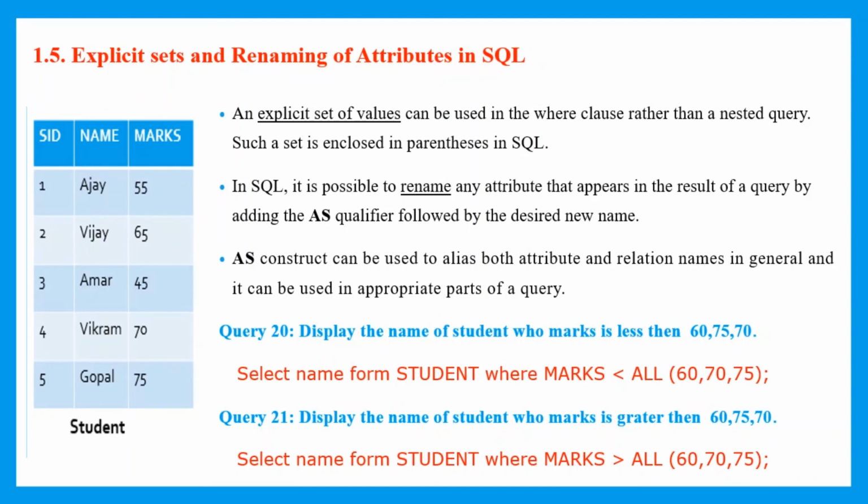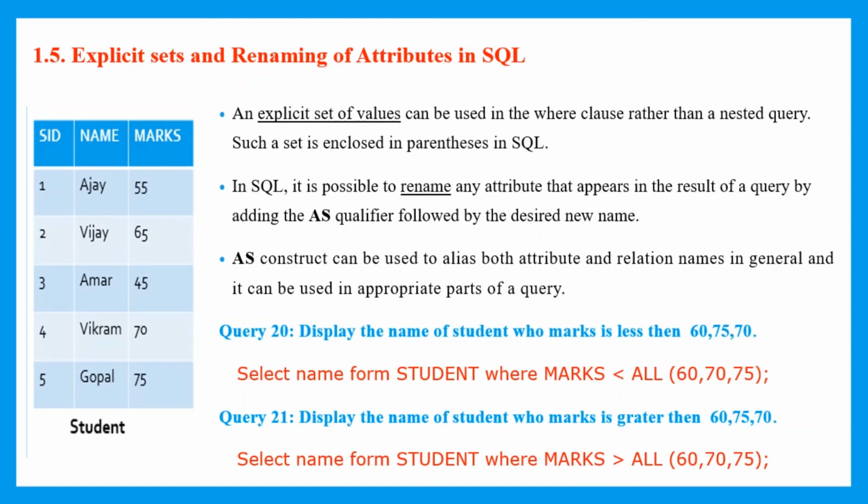In this slide, we are discussing explicit set and renaming of attributes in SQL. Let us see what is explicit set. An explicit set of values can be used in the where clause rather than a nested query. Such a set is enclosed in parentheses in SQL.